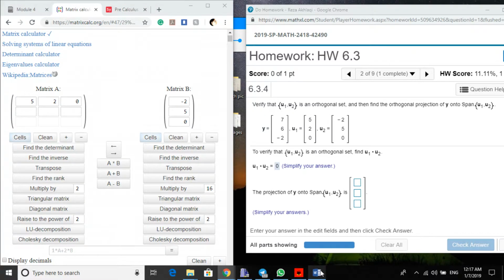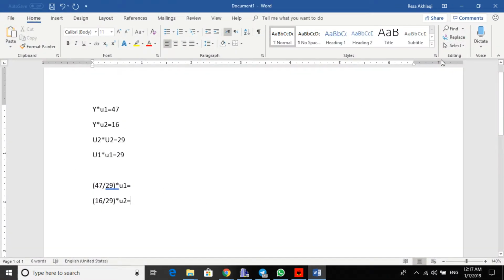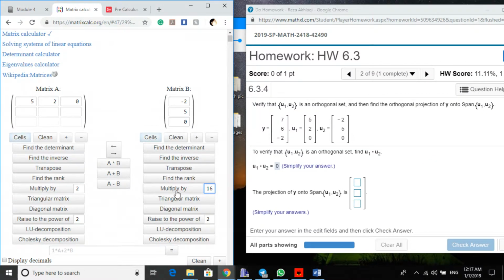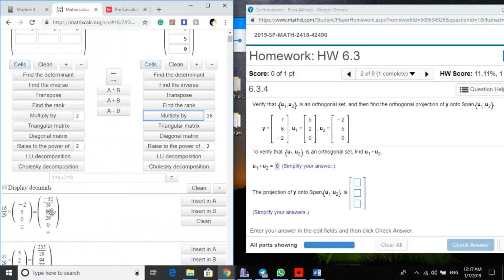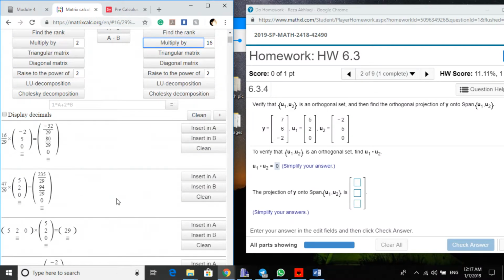Double check again. Yes, 16 over 29. The result is -32/29, 80/29, and 0. So now we have to add these two numbers to find the projection.